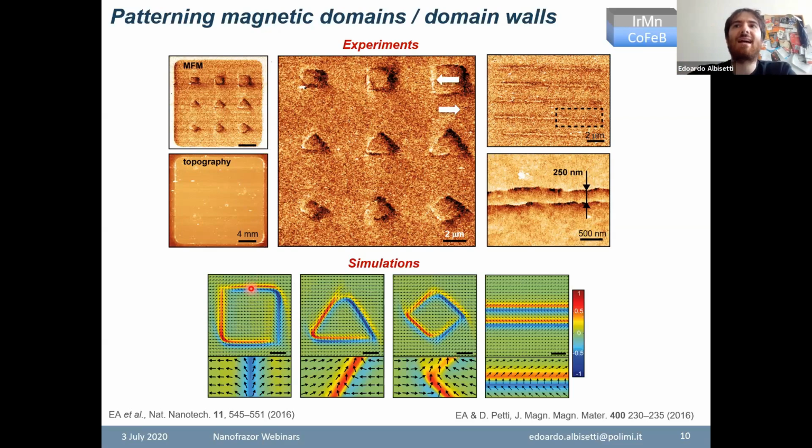And here you have a side-to-side domain wall, so like this. And all these different spin structures have different functionalities. And so if you can really control the position and the spin structure within the domain walls and within the domain, you can hope to build new devices that exploit these particular properties. And of course, changing the shape, you have different structures at the boundaries.